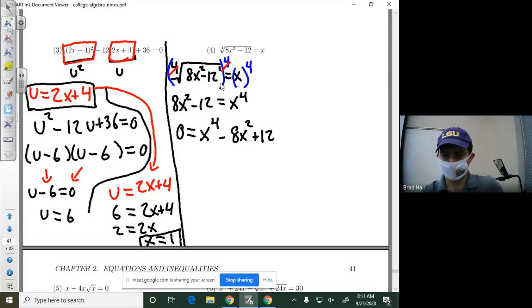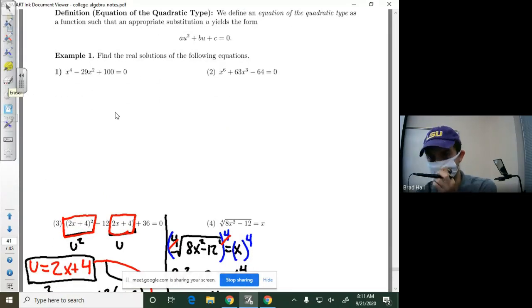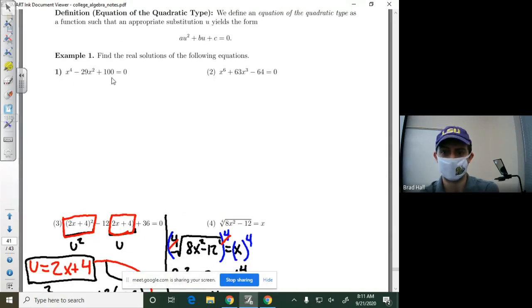So now we get really a quartic equation. Quartic just means 4th power instead of 2nd power. This might look familiar. We did one just like this in problem 1. The steps to reach this were different, and in fact required what we learned from the previous section, but now that we're here, we treat it the exact same way we treated problem 1.